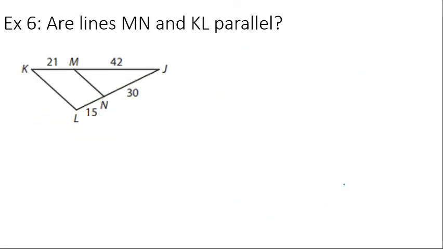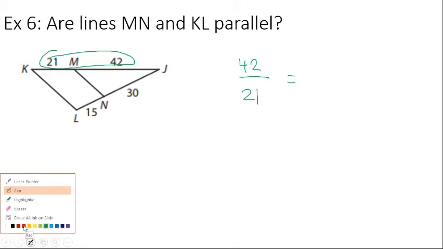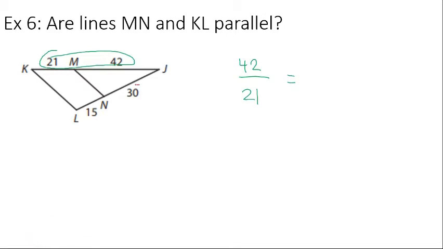Okay, example 6 is asking us, are the lines MN and KL parallel? So what you have to do here is check these two right here. I'm going to put 42 over 21 equals, and also I'm going to put these two together, 30 over 15.